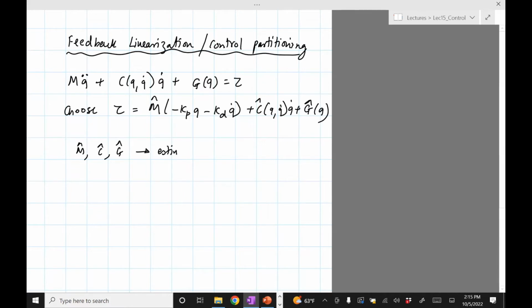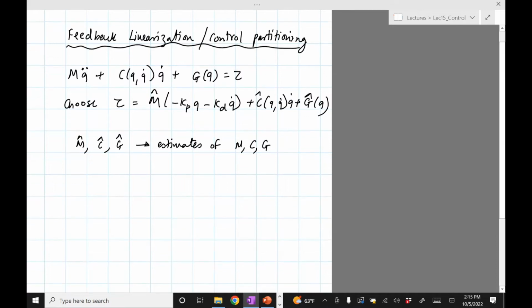These are estimates of m, c, and g. Why do we have estimates? Well, in a perfect world where you design the system in simulation, you know what m, c, and g are, and so you know those values. In a not perfect world or in hardware, m, c, g are parameters of the robot, and it's almost impossible to find the exact values of m, c, and g. So we'll have approximations.